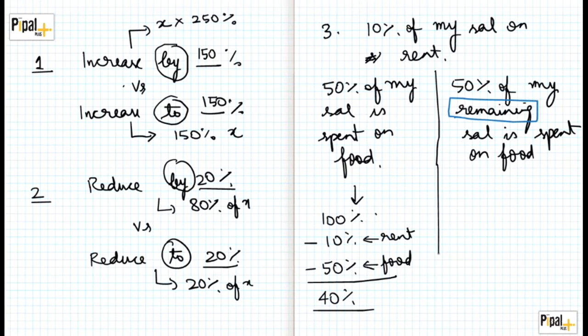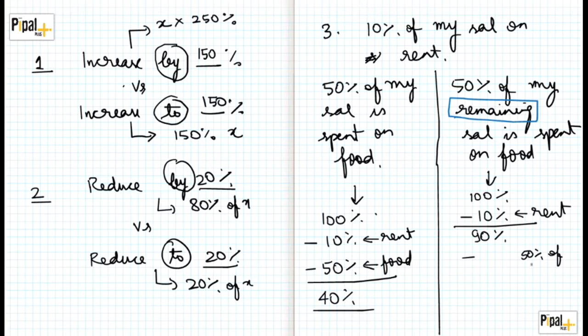But let's look at the other situation. Obviously I start with 100% of my salary, and I spend, just like here, 10% on rent. But what has now happened is I am left with 90%, and it is 50% of the remaining. So actually the amount now getting spent on food is 50% of 90%, which is equal to 45% of the original salary.